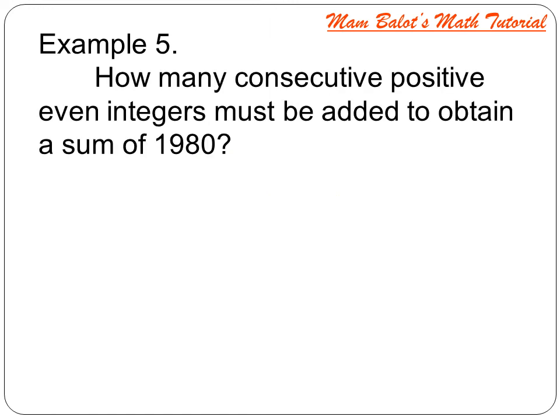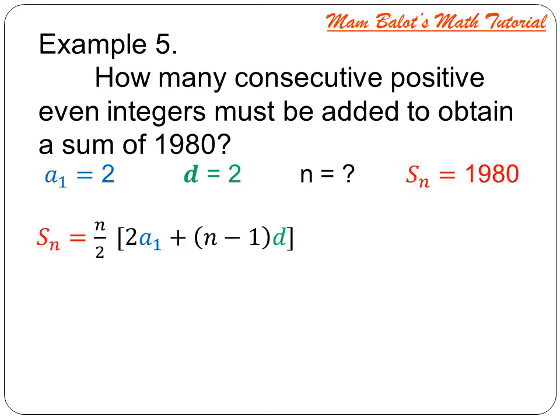Example number 5. How many consecutive positive even integers must be added to obtain a sum of 1980? So from here, we know that a sub 1 is equal to 2 since we are concentrating on even integers. The common difference is 2. We don't know what n is, but we know that the sum is 1980.